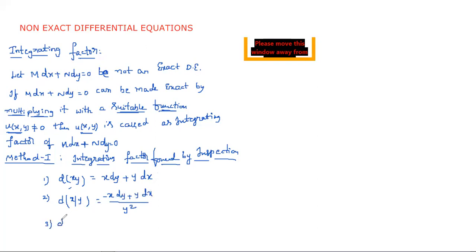In the same way, derivative of y by x is (x dy minus y dx) by x square.